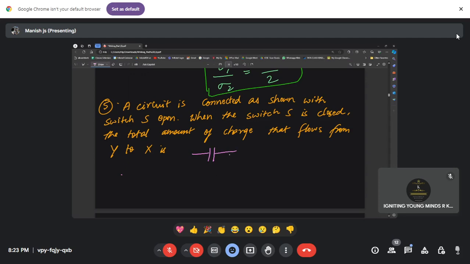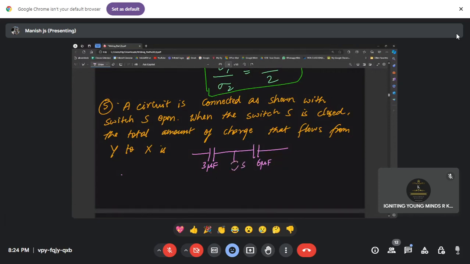So these are two capacitors. Okay, the first capacitor is 3 microfarad. The second capacitor is 6 microfarad. Okay, now in between these two, there is a switch.